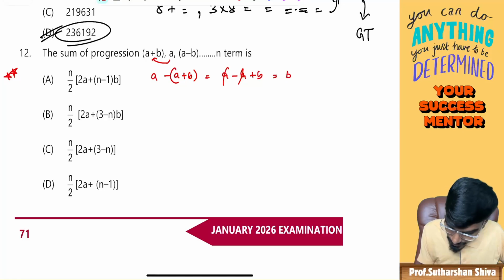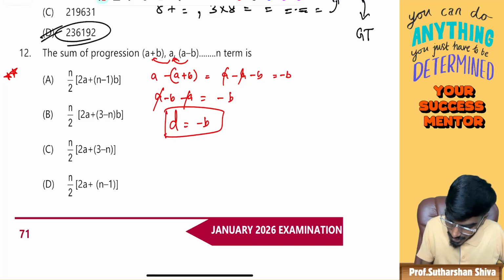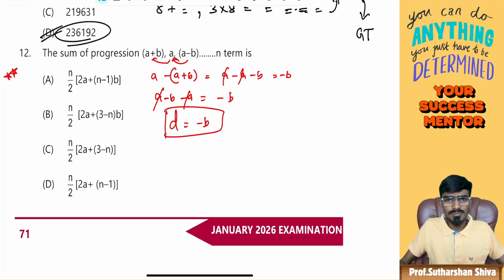You will be getting minus b. Now forward term minus backward term: a minus b minus a, a gets cancelled. You will be getting minus b. So D becomes minus b. My difference is minus b, guys.